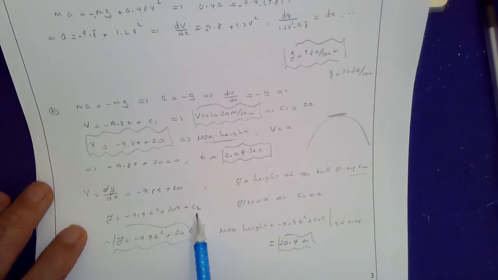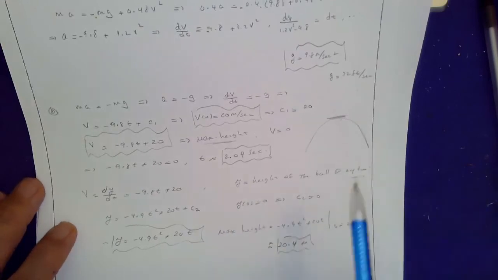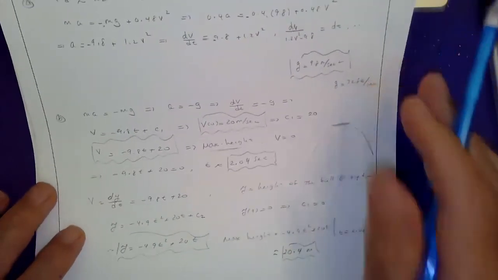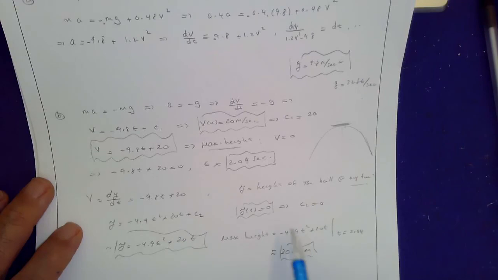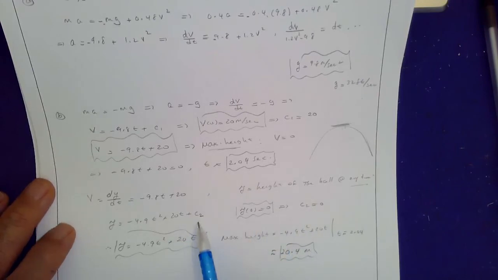Now the question is, what's C2? Just by the statement of the problem, the initial height was 0 meter. In other words, the ball was thrown up in the air at ground level. So C2 is 0. So therefore, this is the height of the ball at any given time, negative 4.9 t squared plus 20 t.